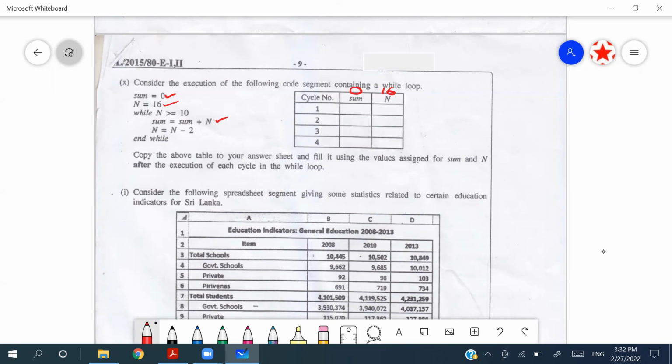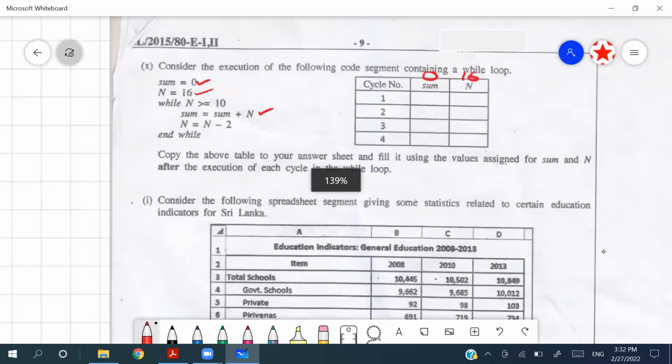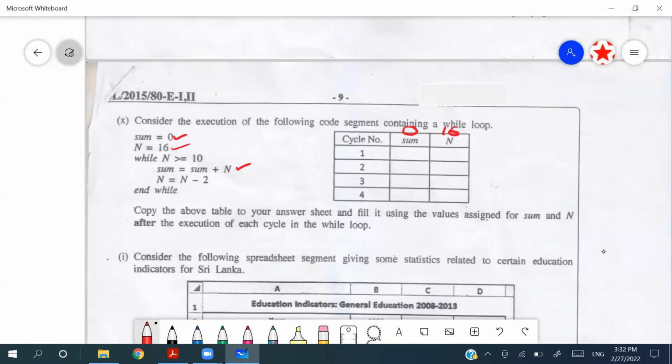Right, so as we discussed, it's 0 and 16 for the sum and the n, and it's not going to be in your table, right? Because they are asking after the execution of each cycle in the while loop. That is what they are asking. So that means you're going to fill the table when the values are going inside the while loop.